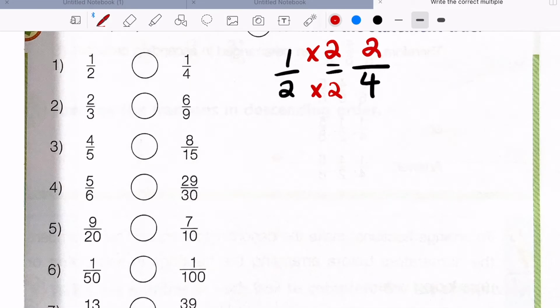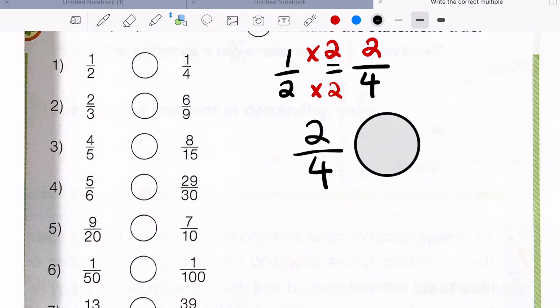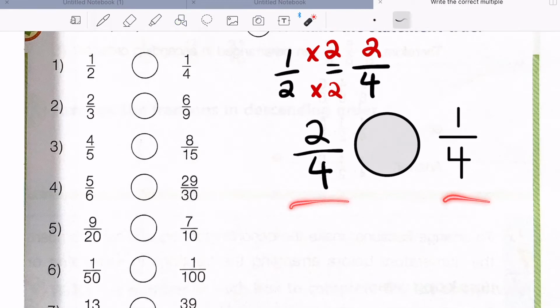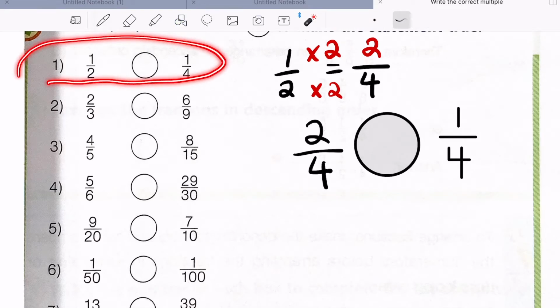2 times 2 is 4. So is 2/4 bigger or smaller or equal to 1/4? What do we think? What can we look at? We're looking at number 1, right?